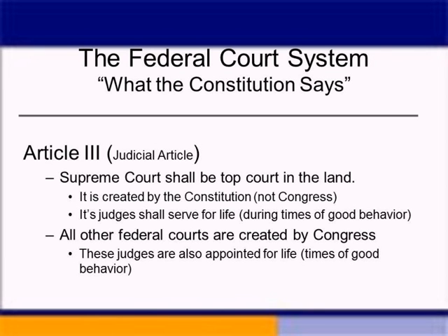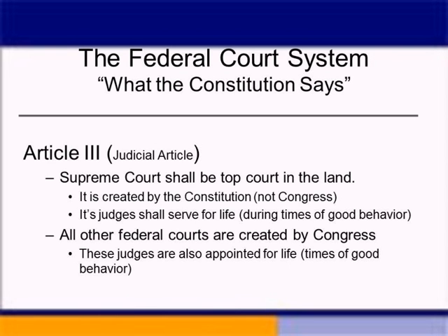But that has changed, as we'll talk about here in a few minutes. The number of justices on the Supreme Court has changed over the years because the Constitution, again, is not specific about how many U.S. Supreme Court justices there'll be. As we go through here, we'll talk more about what the federal court system looks like today. But just understand what the Constitution originally said about the federal courts.